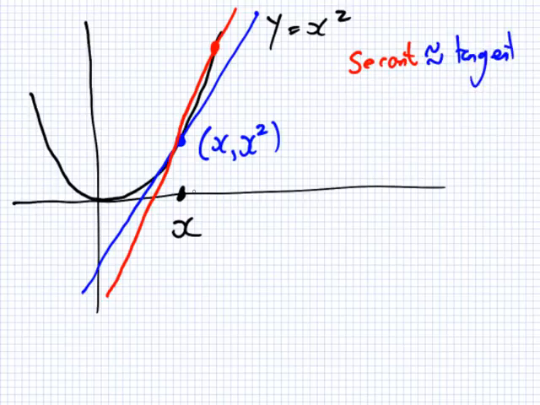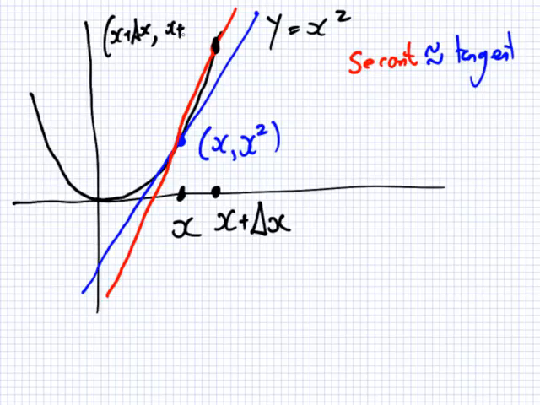So what I do is I go a little bit to the right and call this point x plus a small number we call delta x. So what would be the value here? It would be x plus delta x. And what would be the y value? (x plus delta x) squared.